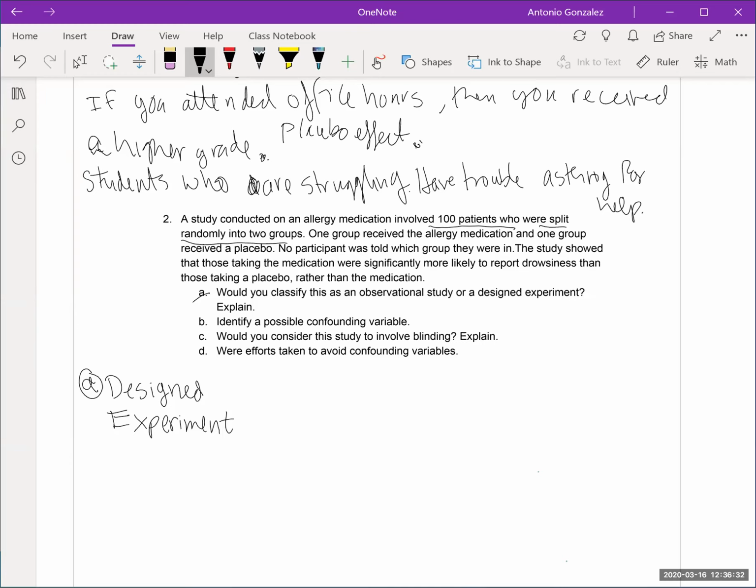All right, now part B, identify a possible confounding variable. Okay, so for part B, again, what is one thing we might not be accounting for?